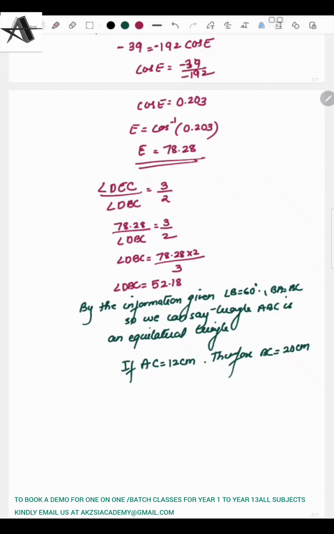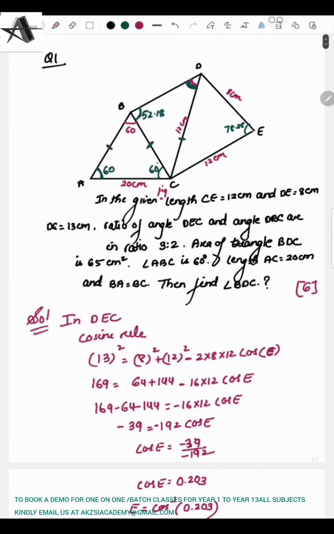And now coming back to this triangle, which is triangle DBC. In this triangle, now we know this is also 20 centimeters. So I can easily apply the area of a triangle. Area of triangle is half times this length multiplied by this length and sine of angle included between them. So half times 20 times 13 times sine of angle theta.